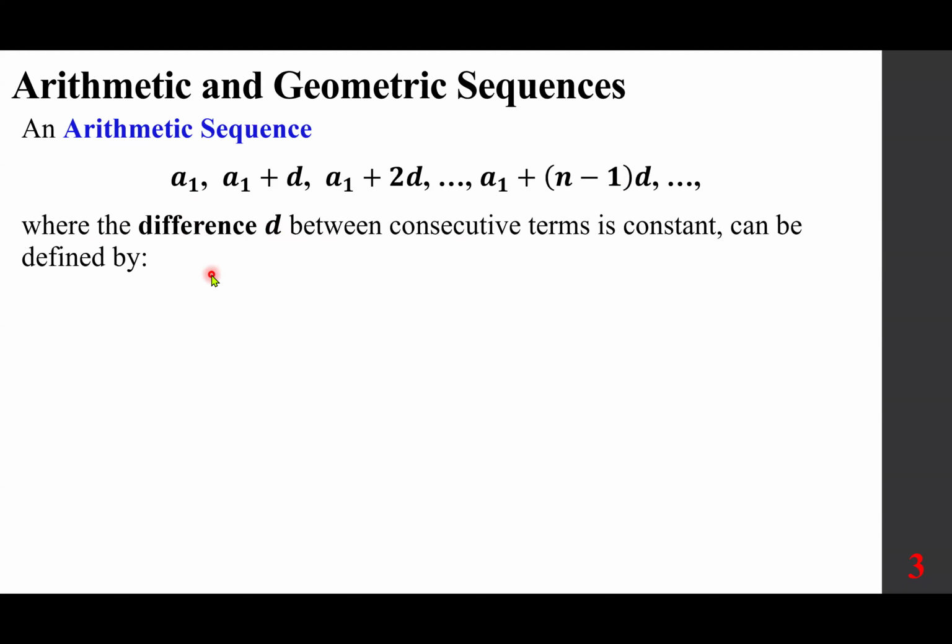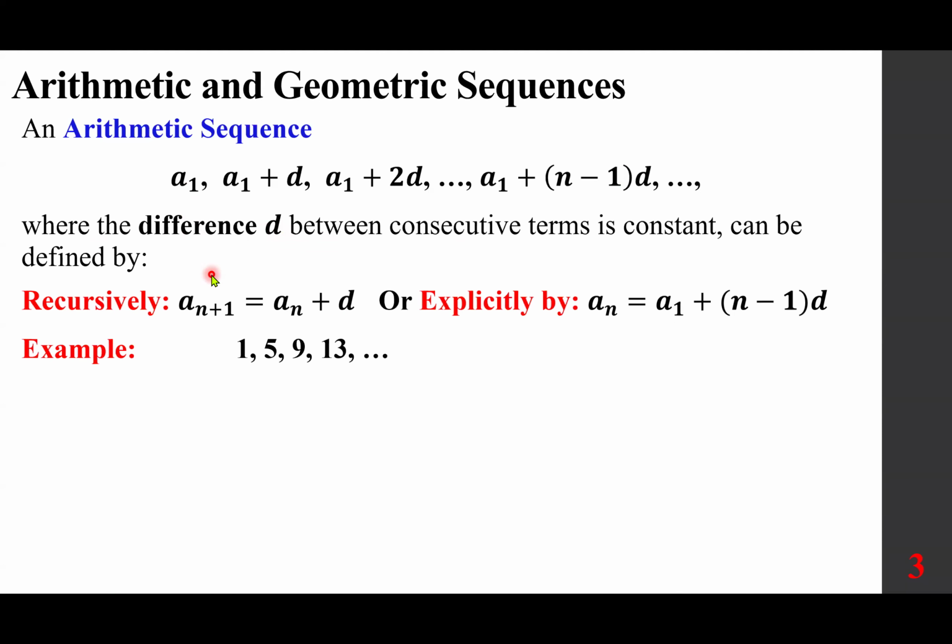It can be defined recursively by a sub n plus 1 equals a sub n plus d. That means if you want a term, pick the previous one and add a constant. Or explicitly by a sub n equals a sub 1 plus n minus 1 times d in general.